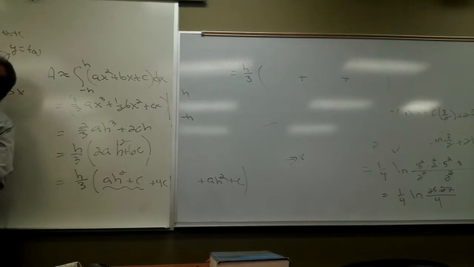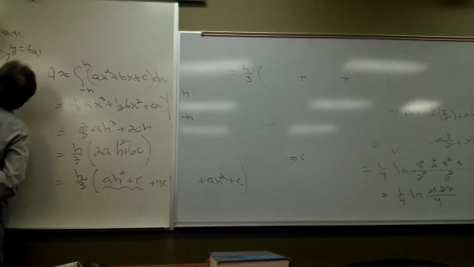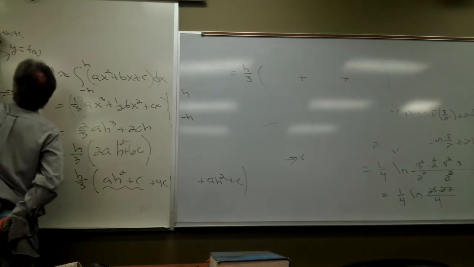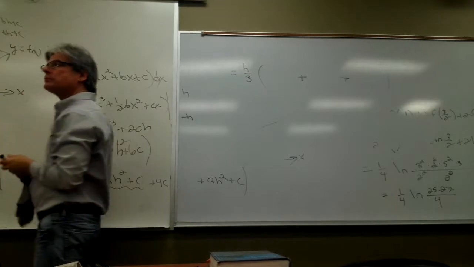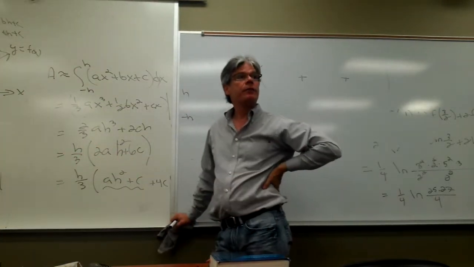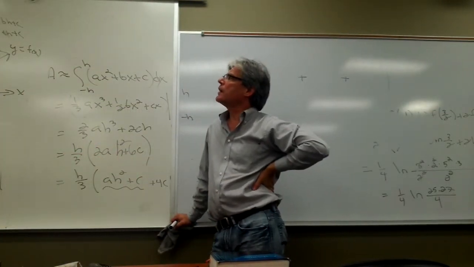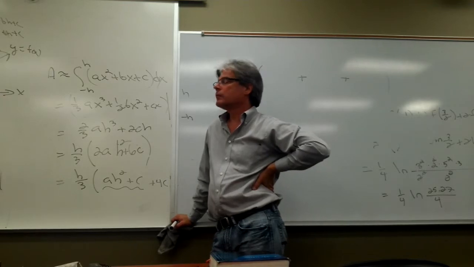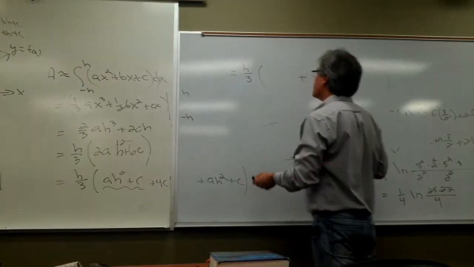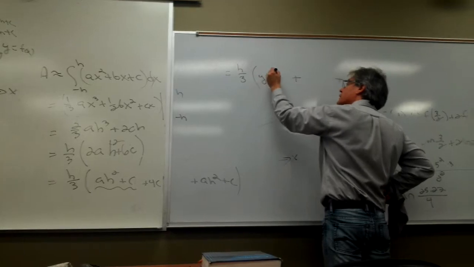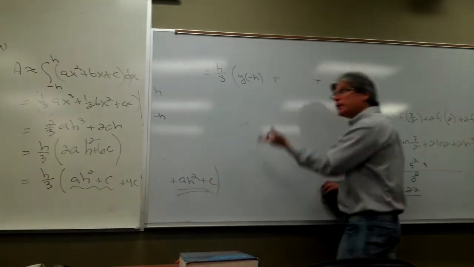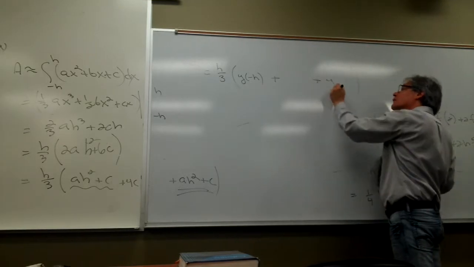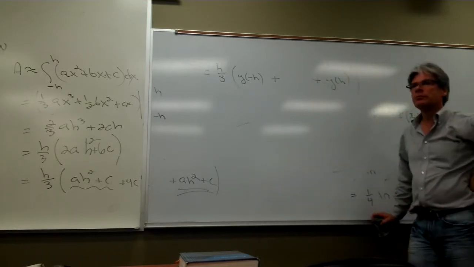If you were to evaluate this function at positive h, you get this. And if you added those 2 together, the 6h and negative 6h will cancel. And so what's above the squiggly line really comes from my y function evaluated at negative h. And what's above this doubly underlined expression is simply the result of when you add those together, what came from y evaluated at positive h.